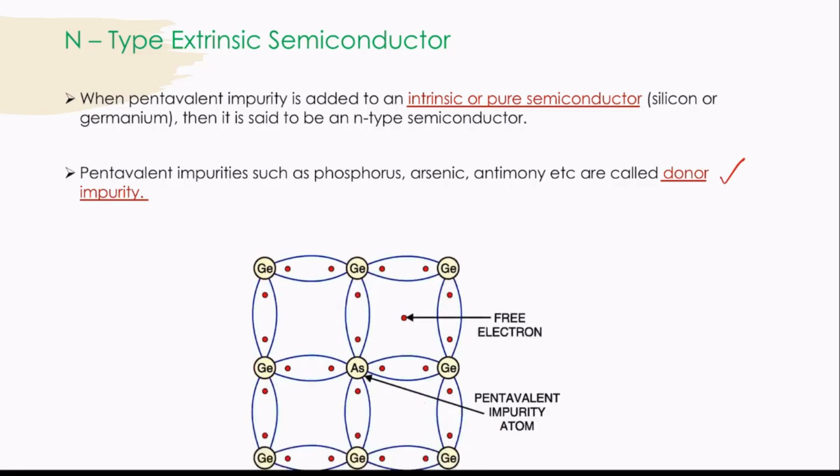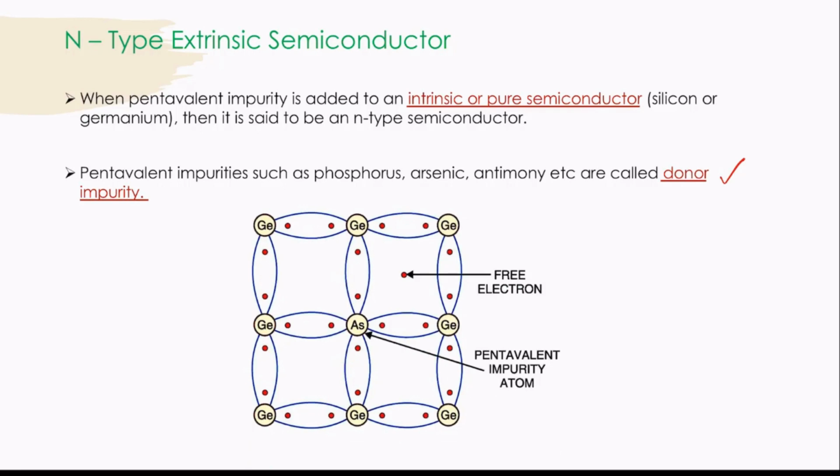Now in this figure, germanium is an intrinsic pure form of semiconductor in which there are 4 valence electrons in the outermost orbit, and now it is doped with the arsenic atom, which is a pentavalent impurity atom, and it consists of 5 valence electrons in its outermost orbit. They are 1, 2, 3, 4 and 5.